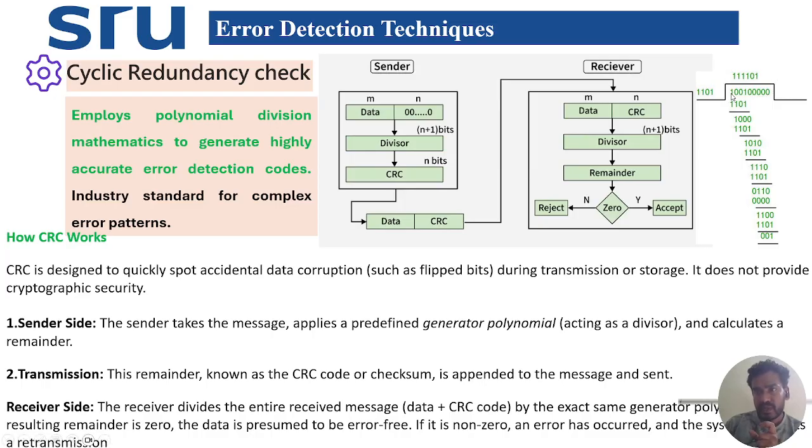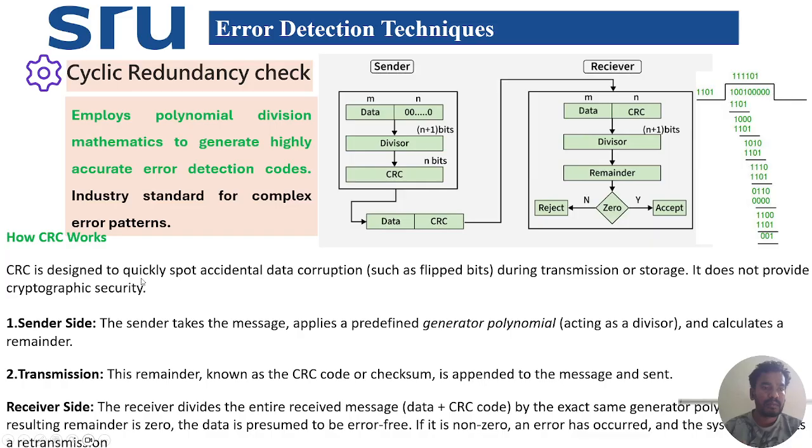So for the given data, 3 zeros should be added for the division purpose. It employs polynomial division mathematics to generate a highly accurate error detection code. It is the industry standard for complex error patterns, and for highly secured or complex data transfer conditions, we use this method to get the proper data from sender to receiver side.